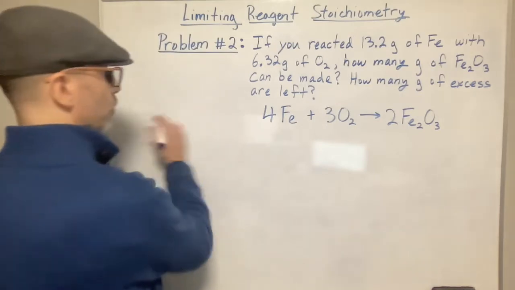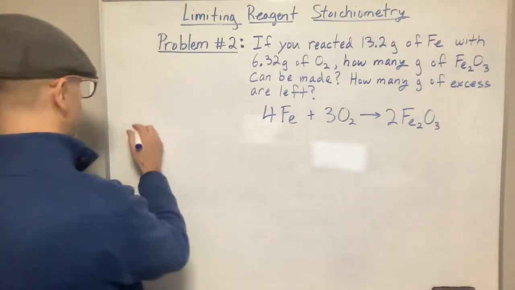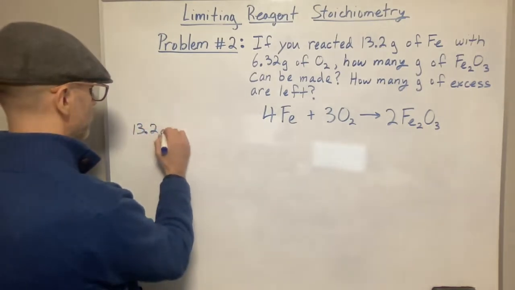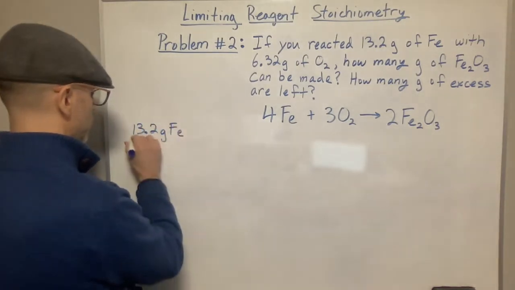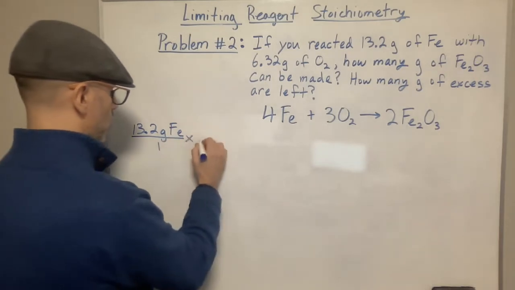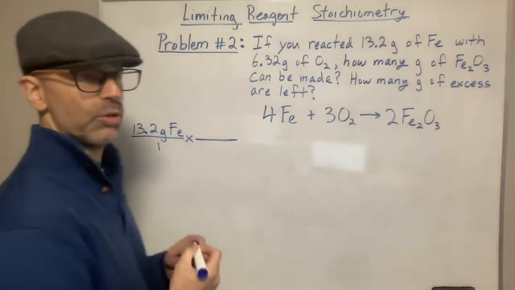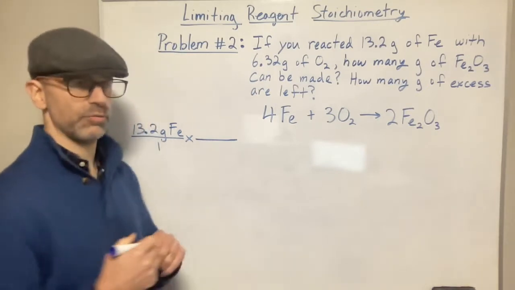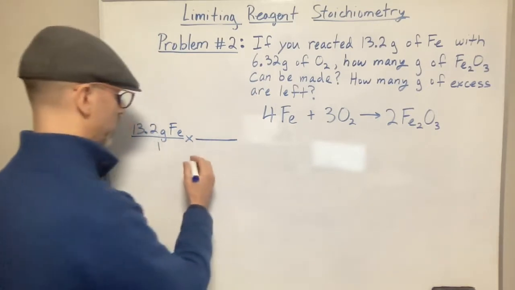So we'll start with the iron. They gave us 13.2 grams of iron, so I'll put that over 1. And we'll use the molar mass of iron to convert to moles. The molar mass of iron is 55.85 grams per mole.